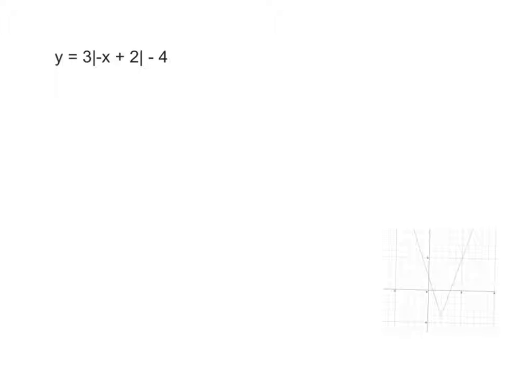So the first thing I need to do with this one is factor the part that's inside the absolute value sign. So it changes into y equals 3 absolute value negative, and then open a bracket, and we're factoring out a negative 1. So this becomes x minus 2, minus 4.